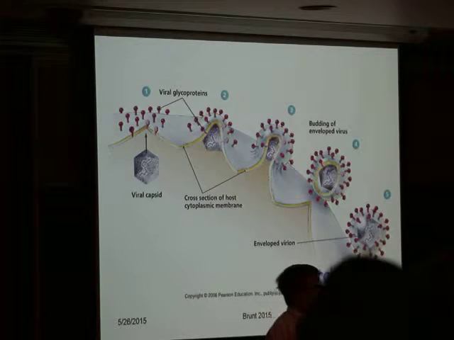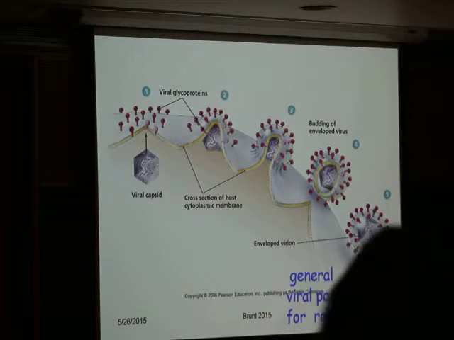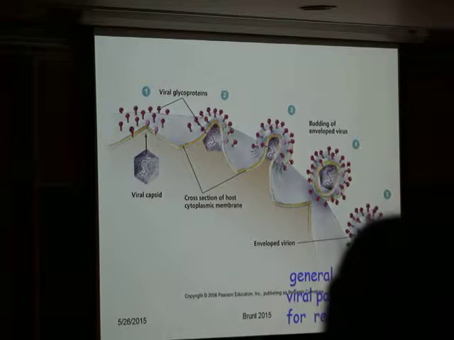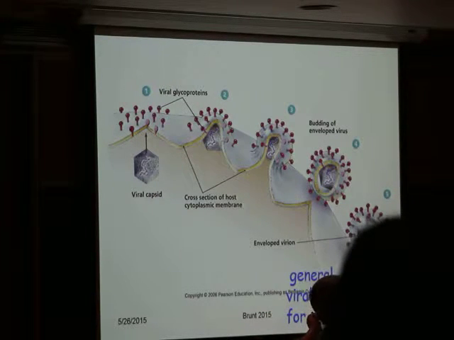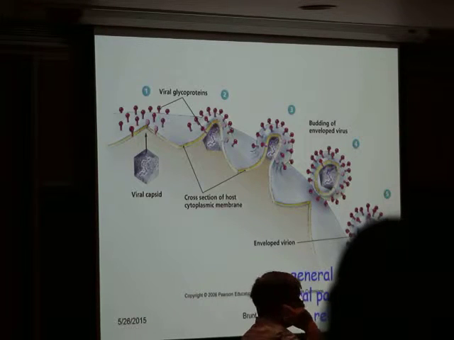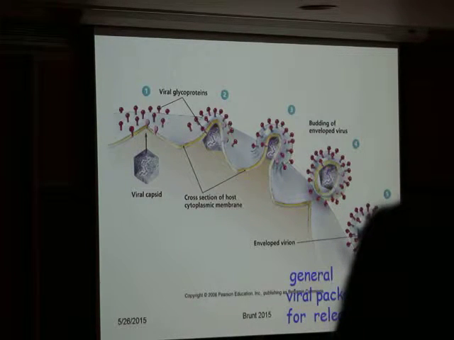Might affect the ability to adhere. Okay, it could alter the ability to adhere, but it still has its spike, so it might still adhere correctly. The host could die prematurely? Sorry? The host could die too soon? The host could die too soon. I think you're on the right track. Basically, yep. Would the immune system develop recognition of self-protein?